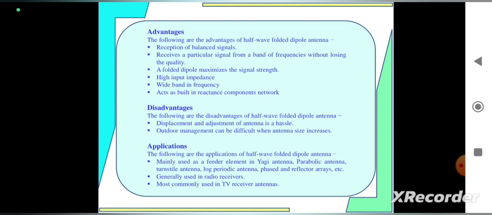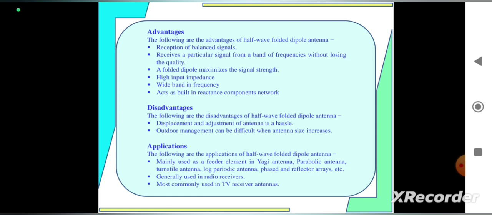This is a vice versa process. This is called balanced signals. Next point is receiving a particular signal from a band of frequency without losing quality. Next, a folded dipole maximizes the signal strength and has high input impedance. Wide band in frequency acts as a built-in reactance component network. These are the advantages of the folded dipole antenna.